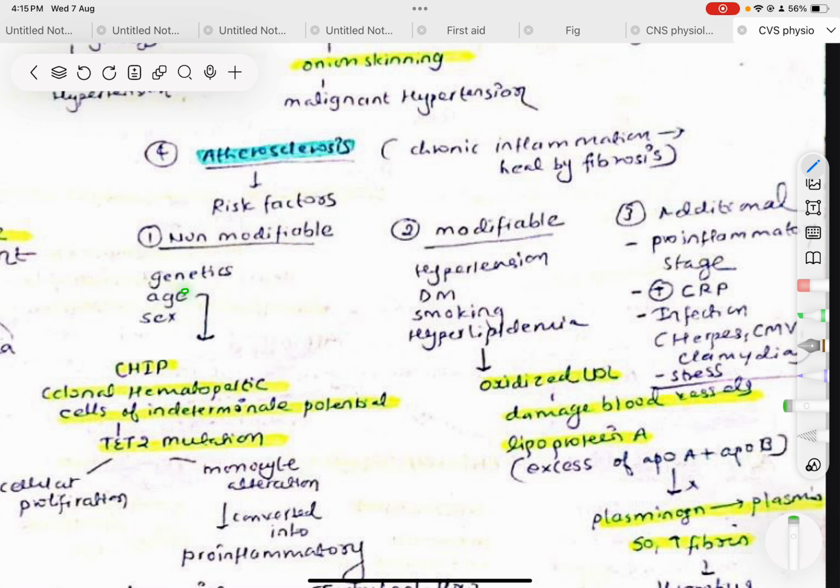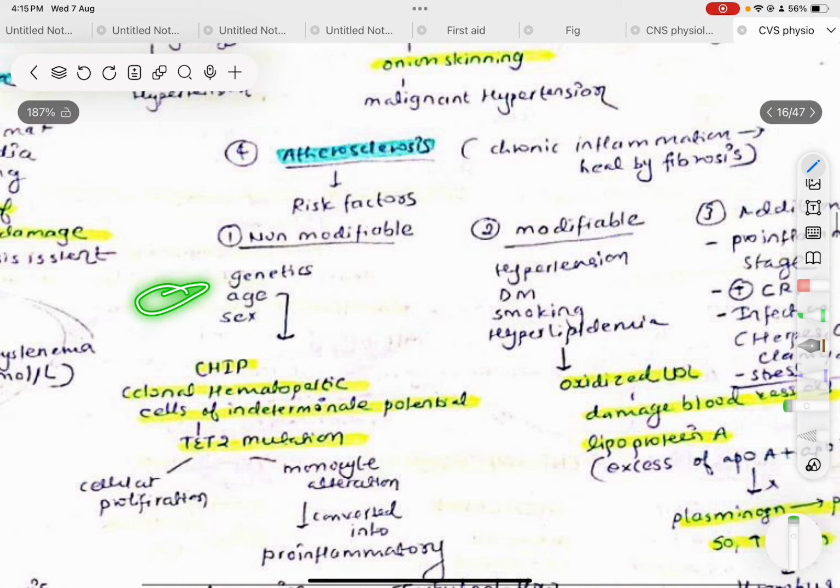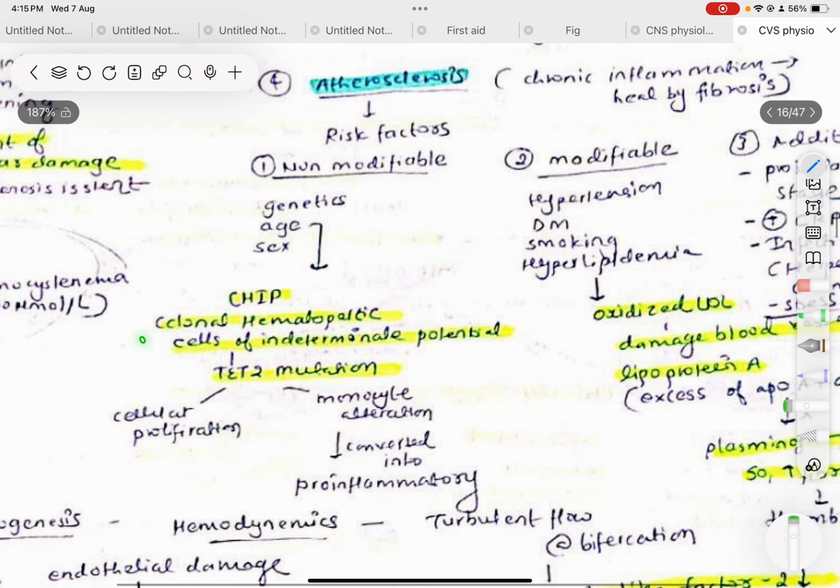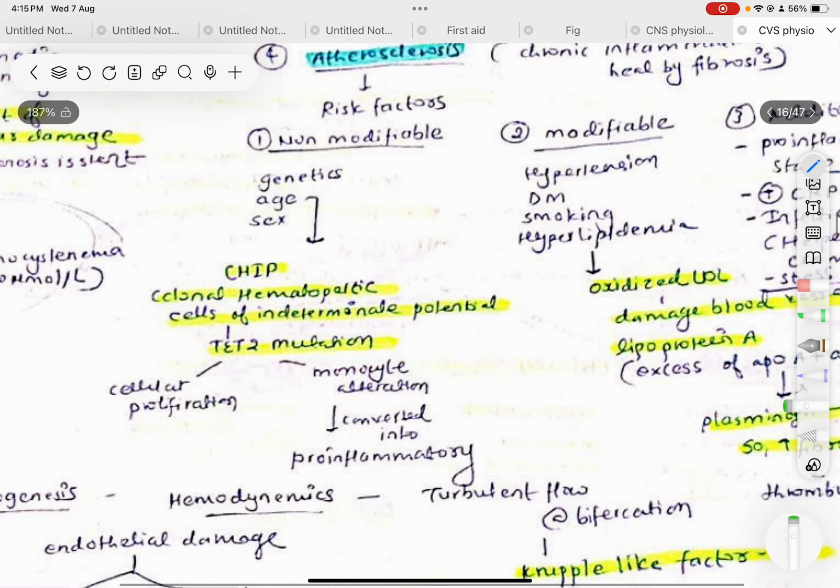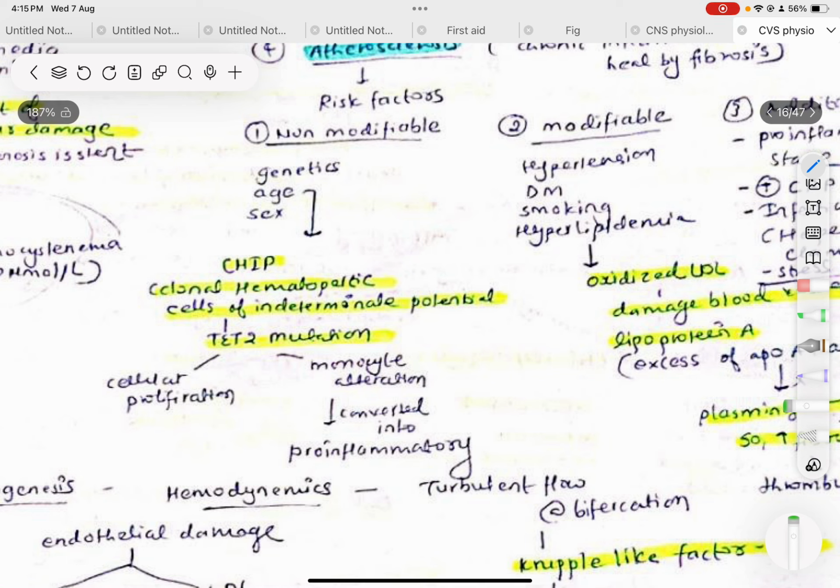So in age, with age you have to remember there is certain clonal hematopoietic cells of indeterminate potential, that is TET2 mutation.